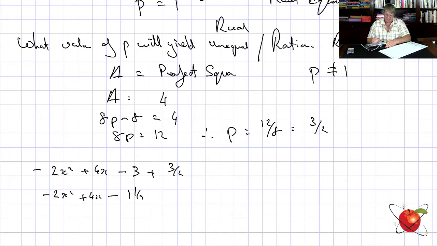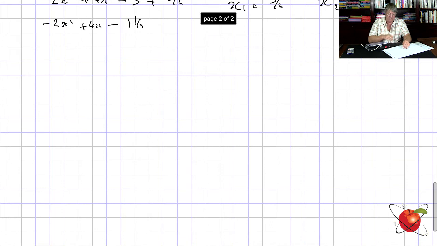And now if we look at that, if you put it in, you get x1 equal to 3 over 2 and x2 equal to a half. So that's going to give it to you, and your delta comes out to be a perfect square of 4.